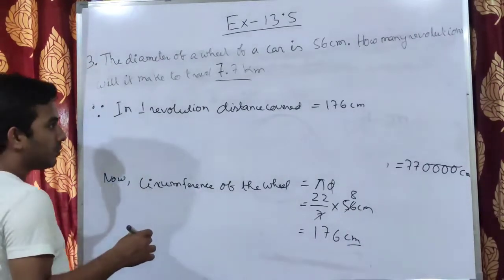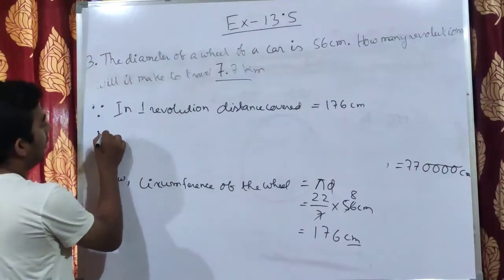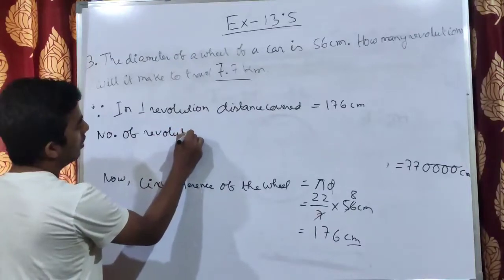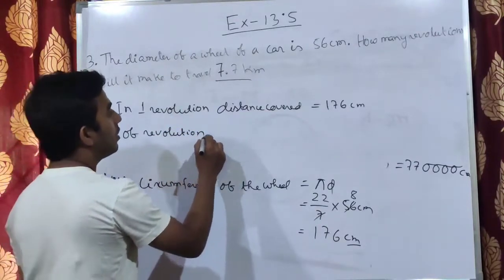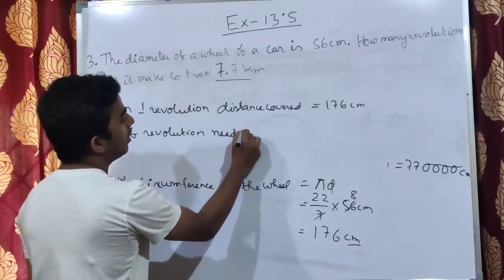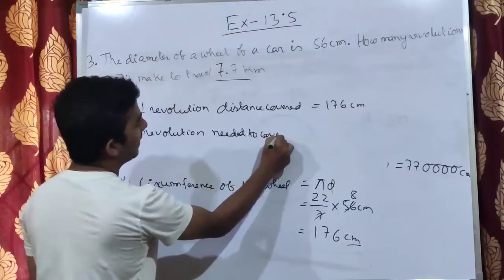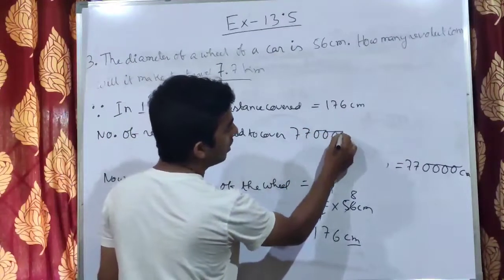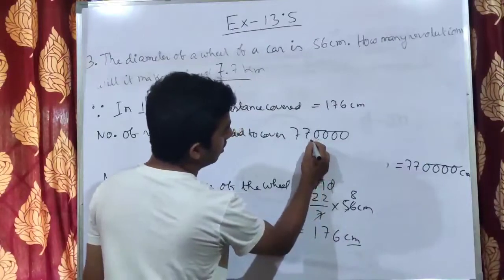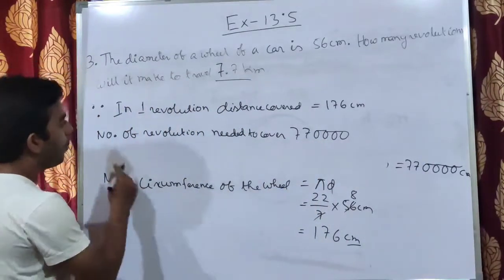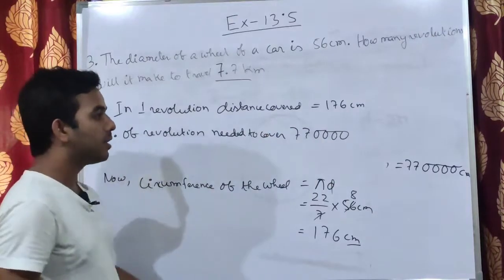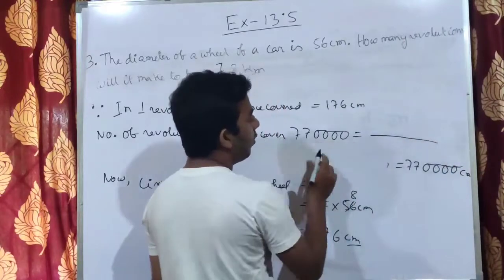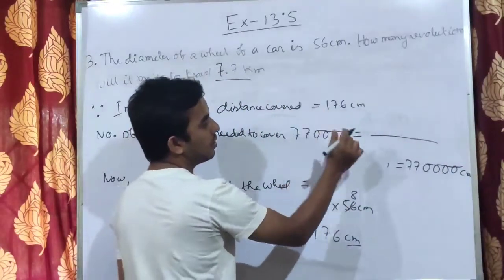So the number of revolutions needed to cover 7,70,000 centimeter equals how much? We'll divide this by this.